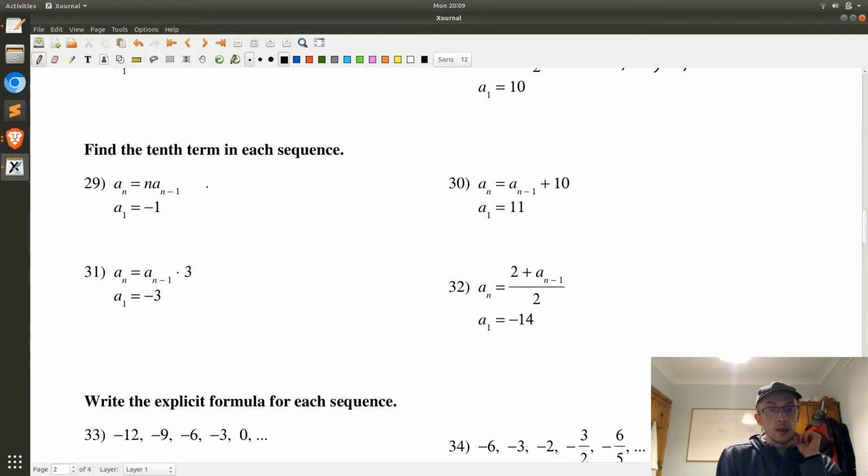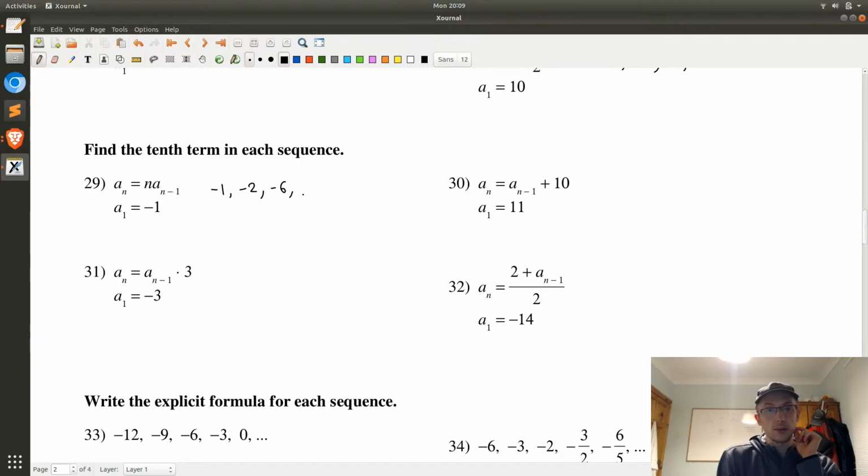So term 1 is -1. Term 2 is 2 times -1, so -2. Term 3 is 3 times -2, so -6.